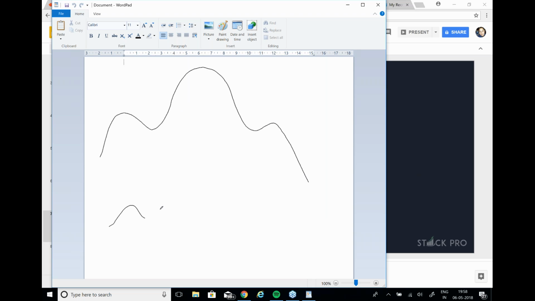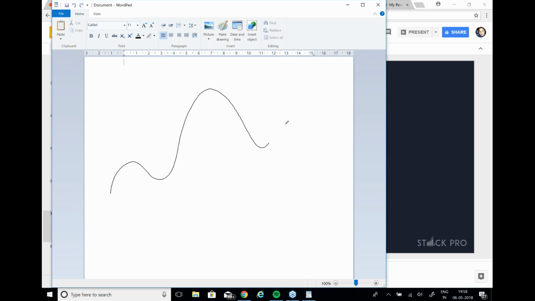Or it could be this, right? Here the left shoulder is smaller and the right shoulder is bigger. Here the right shoulder is bigger and the left shoulder is smaller. Any of this is a possibility. Or let me draw one more pattern for you. It could have been this, this, and this.